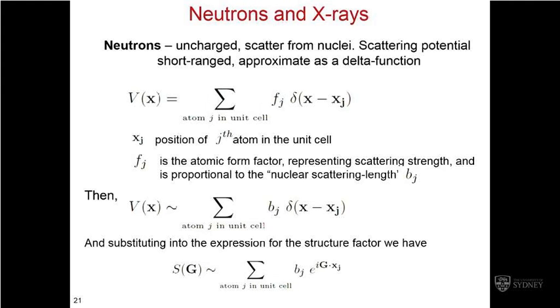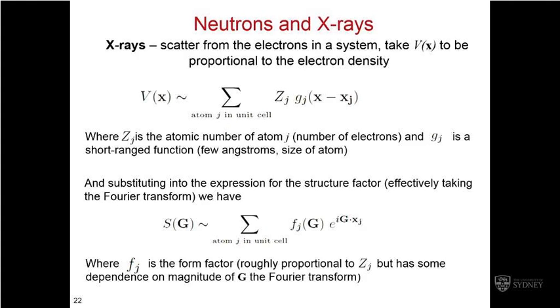Then we're going to look at the X-rays and see how they are slightly different. For X-rays, the potential is taken as being proportional to the electron density. So the X-rays scatter off the atoms, and they feel the core electrons. They penetrate not just the valence electrons, but the whole core electrons as well.